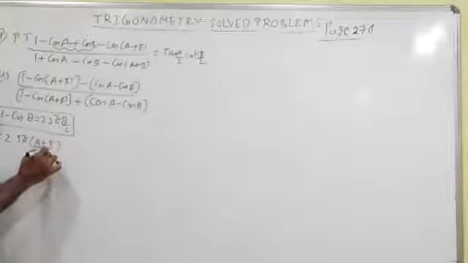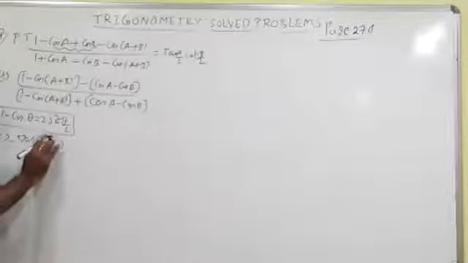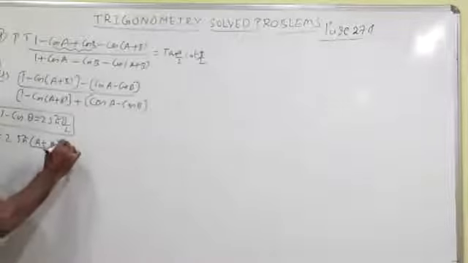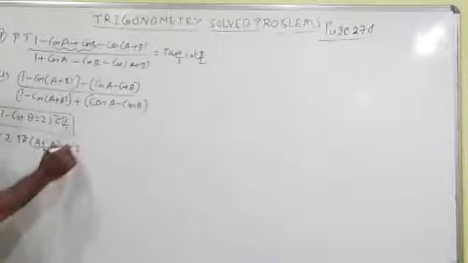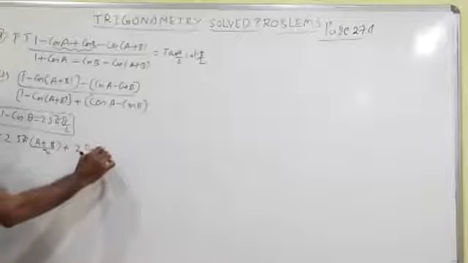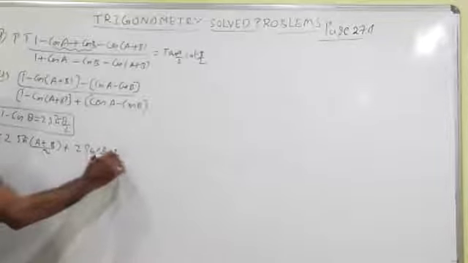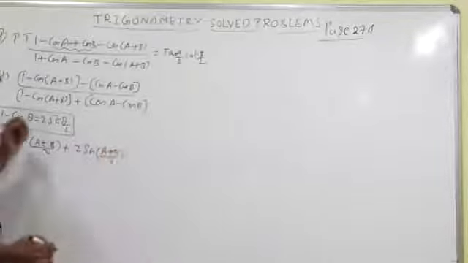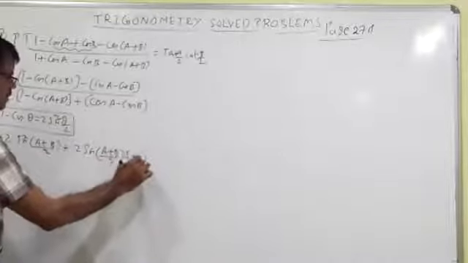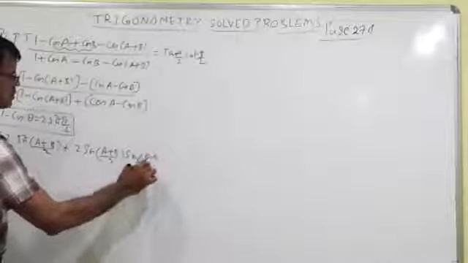Now the cos c minus cos d formula: cos c minus cos d is minus 2 sin c plus d by 2 sin c minus d by 2. So minus of minus becomes plus here. 2 sin (a plus b) by 2 into sin of (a minus b) by 2.